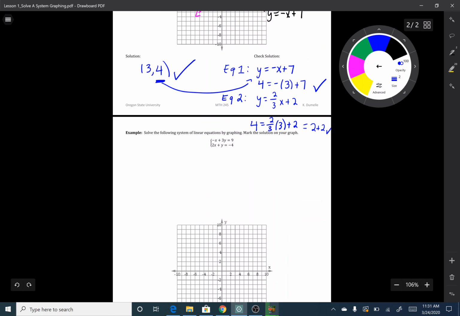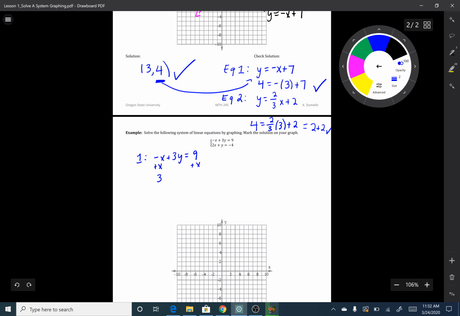But here, we are not in the form y equals mx plus b yet. So the first thing I need to do is get these two equations into the form y equals mx plus b. So let's look at equation 1. We have negative x plus 3y is equal to 9, and I want y equals mx plus b. So I want the x on the other side, so I'm going to add x to the other side.